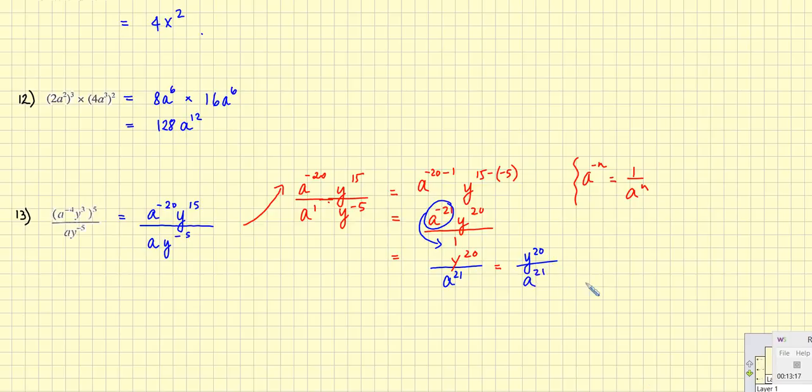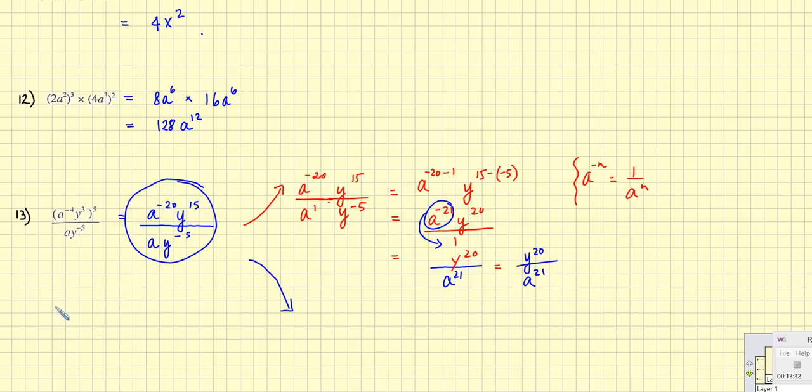Now, that's my first way of dealing with the problem. The second way is what I could have done: I could have automatically switched, from this step here, the one that I'm circling right now, the a to the negative 20 down to the denominator, and I could have taken the y to the negative 5th, which was in the denominator, and brought it up to the numerator.